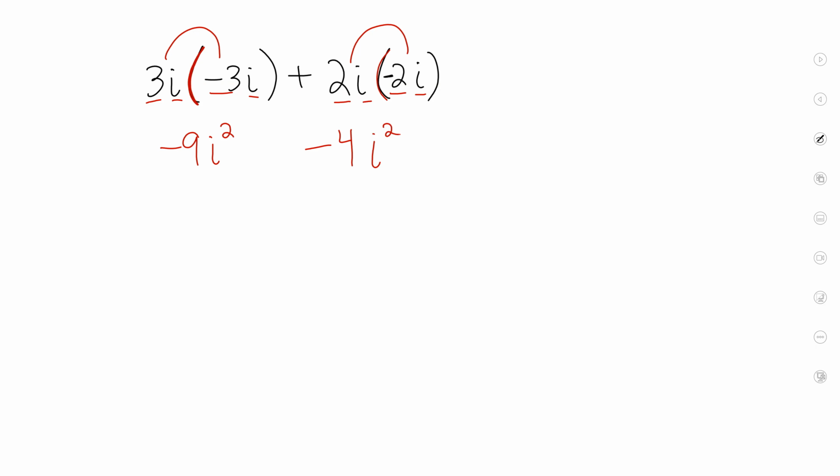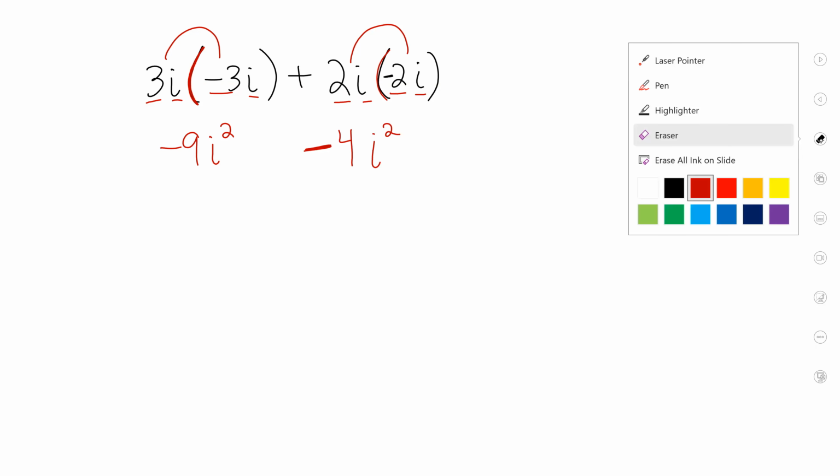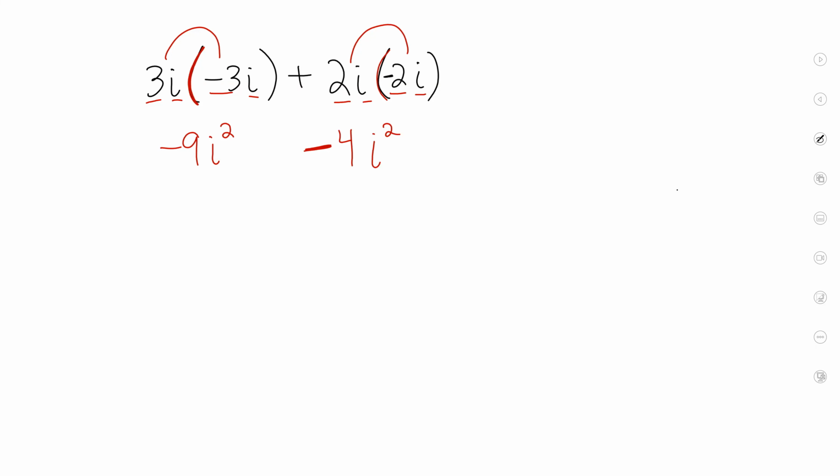So here we are now. This plus sign doesn't really matter when there's a minus sign right here. Okay, the minus sign takes over. Now, remember, i squared is what? Negative 1.